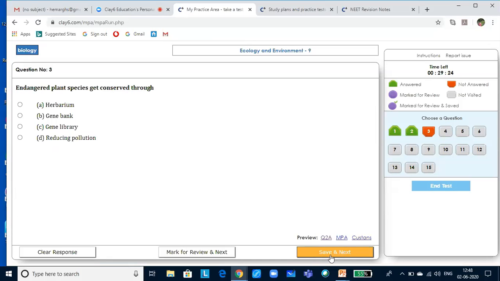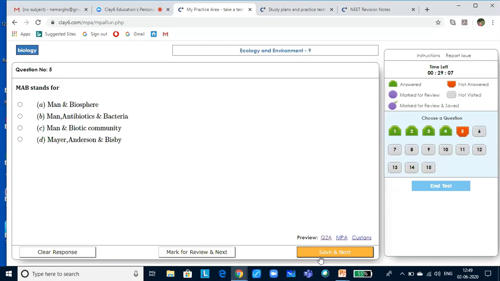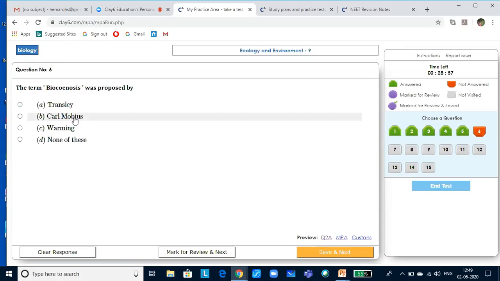Endangered plant species get conserved through gene banks. A water body has high BOD, indicating that it is being contaminated with sewage. MAB stands for Man and Biosphere. The term biocenosis was proposed by Karl Möbius.